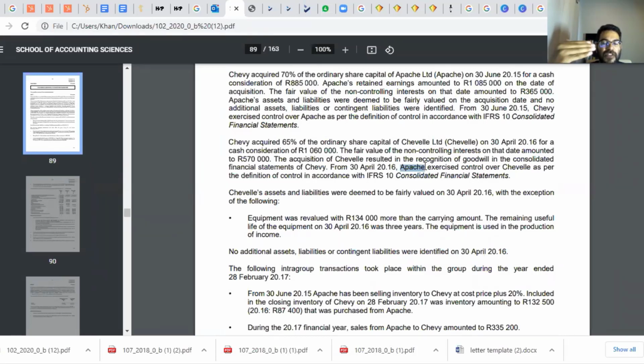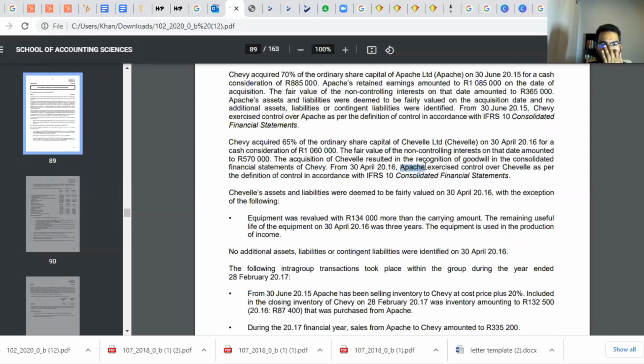It is most likely that they measure NCI at fair value, but what's important to note is that we have to first confirm, when we look at the notes, what is the policy of the company. So we picked up a few things over there, and we can see there's a consideration of 1 million.